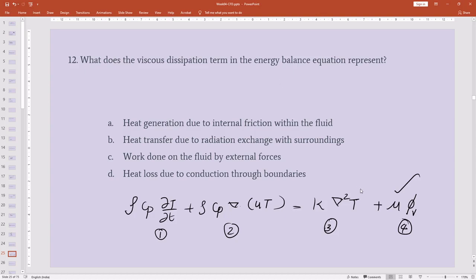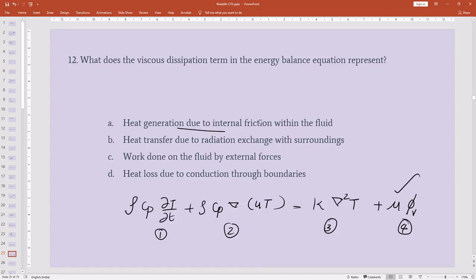So the relative movement between the fluid layers can generate heat. So the option is heat generation due to internal friction of the fluid. The viscous dissipation term primarily gives the notion of heat generation due to internal friction within the fluid.